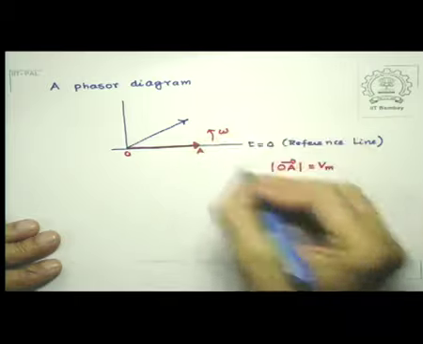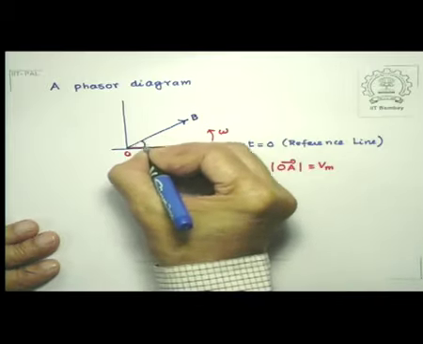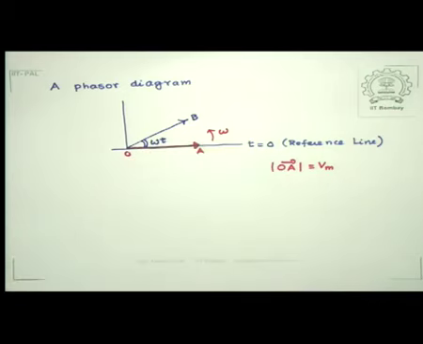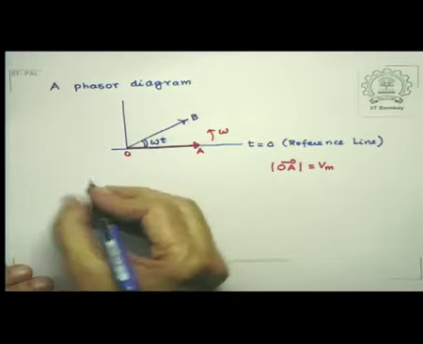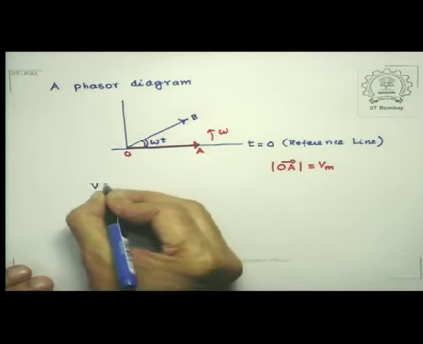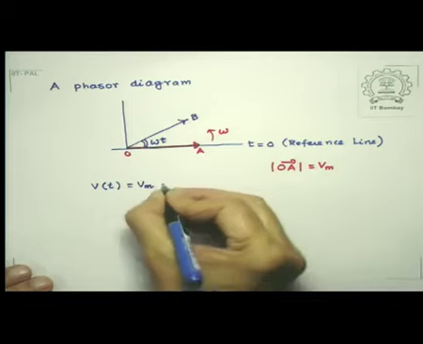The magnitude still remains Vm, but it goes to the point B, where this angle is omega t. Now, suppose I take my variation of voltage with time, as I said a little while back, V of t is equal to Vm sin omega t.